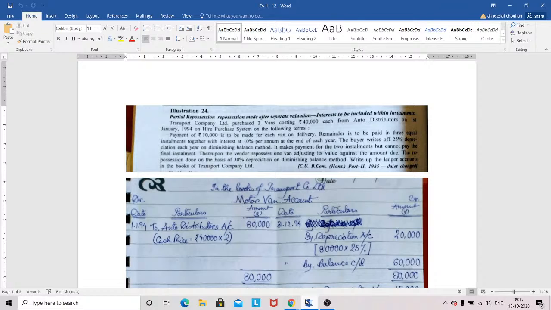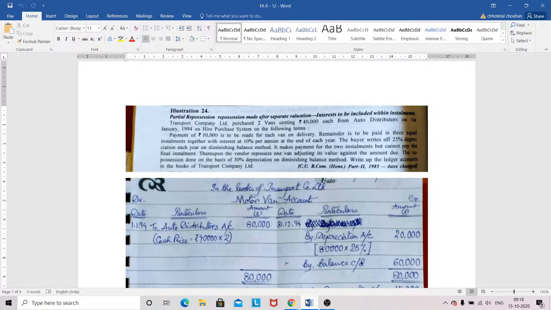That means your cash price is given, 40,000 each, from Auto Distributors on 1st January 1994. Auto Distributors is the hire vendor, and the date of purchase is 1/1/1994.